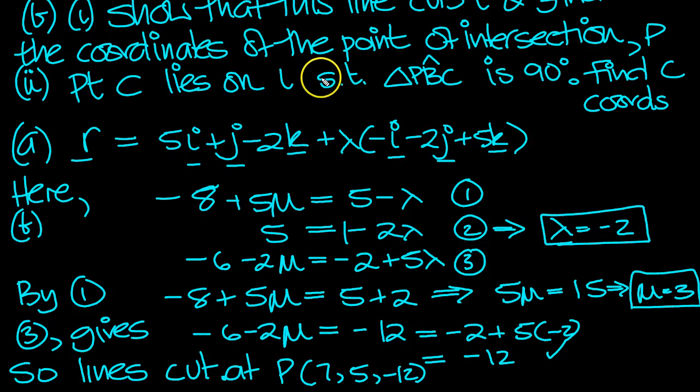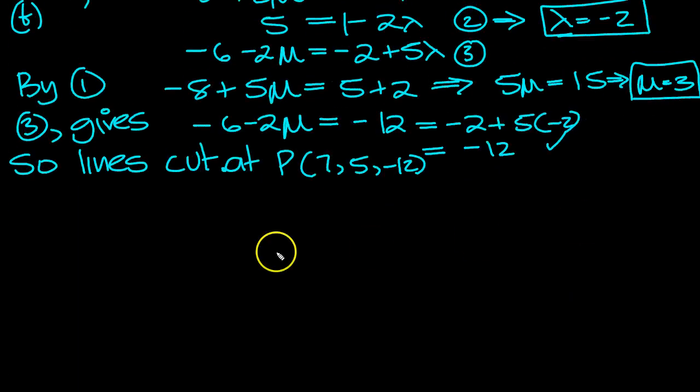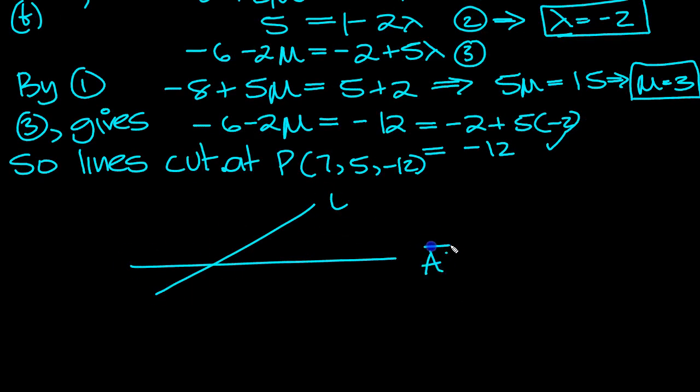Now point C lies on the line L such that the angle PBC is 90 degrees. Find the coordinates of C. So let's have a look at that. I'm going to draw two lines. This is the line L, and this is the line through A to B. This is the point P where they intersect, and this was 7, 5, minus 12.